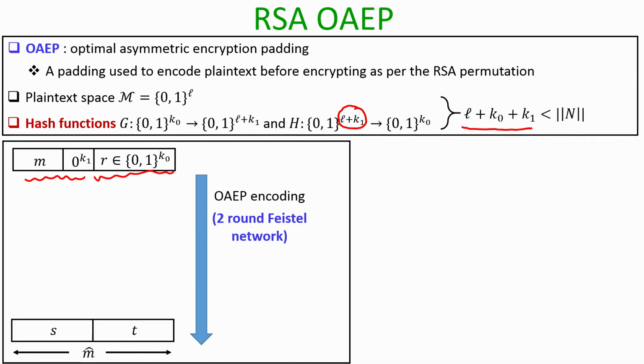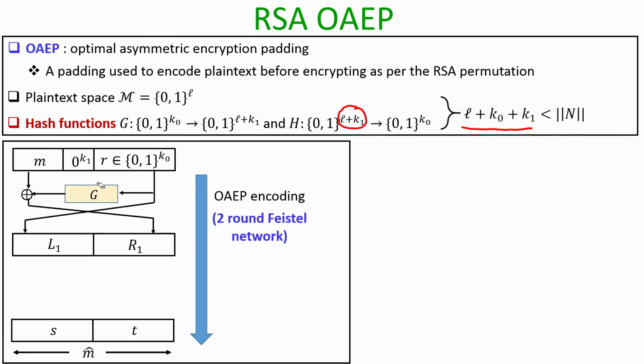That is how we interpret the current left half and the current right half as per this OAEP padding. Now we apply the round function g. As per the syntax of the Feistel network, the current right half becomes the next left half, and the next right half is obtained by XORing the current left half with the output of the g function on the current right half. That completes round 1 of the OAEP padding.